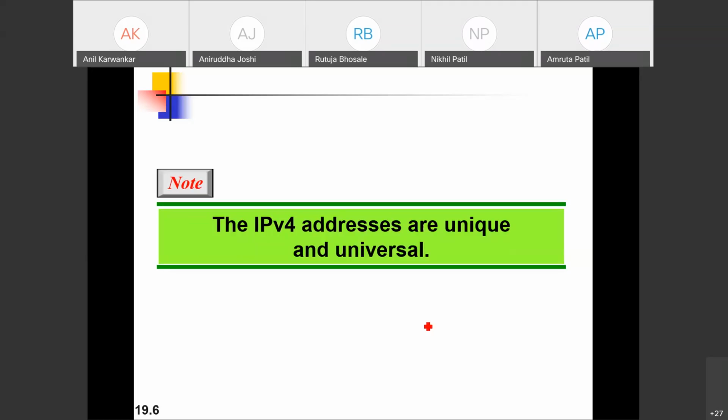Remember again and again, at one instant of time, the IP version 4 address will be a unique and universal address.